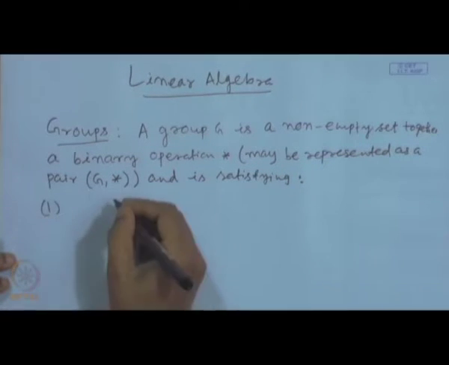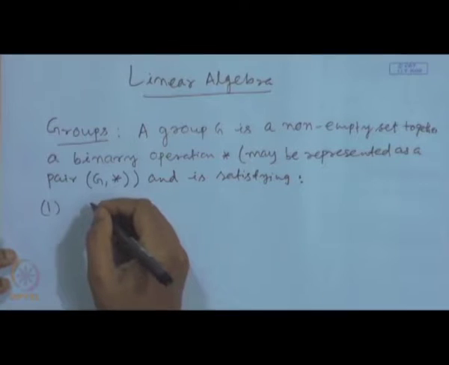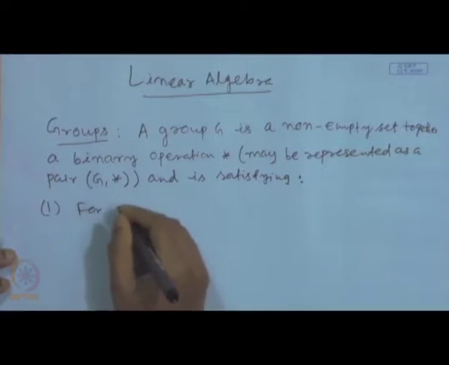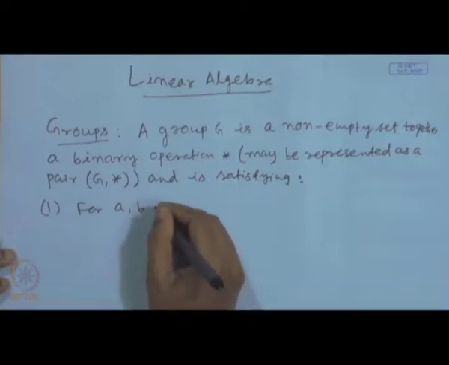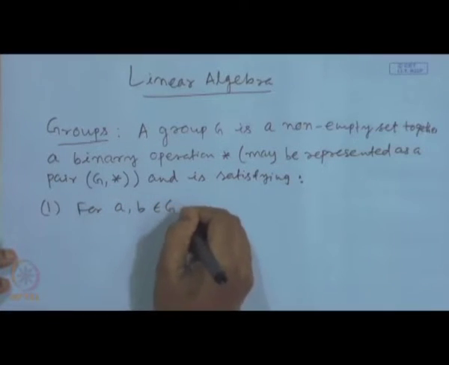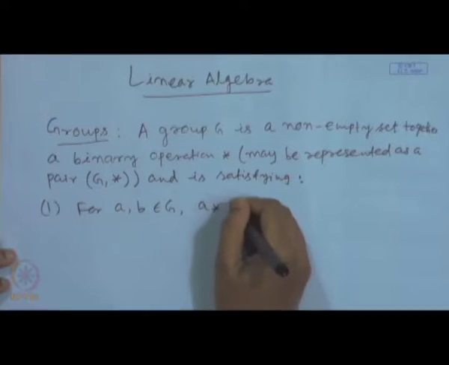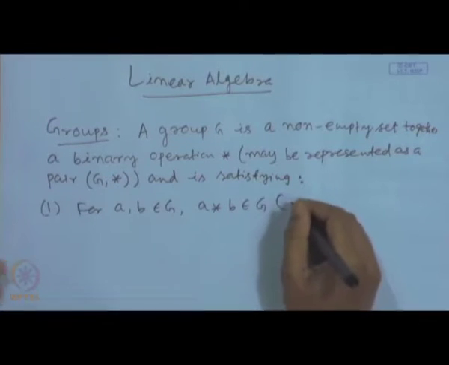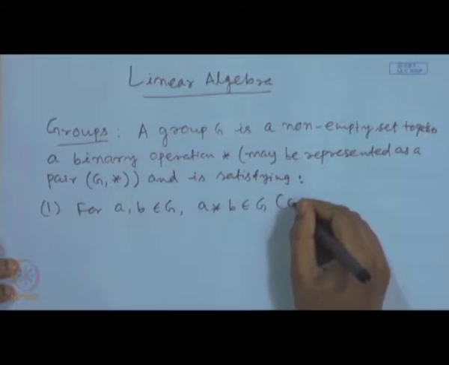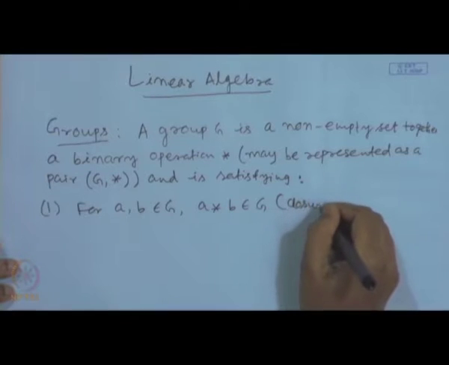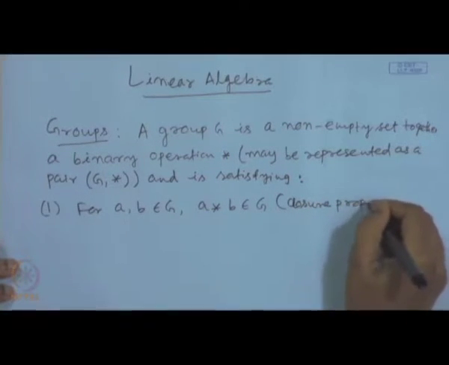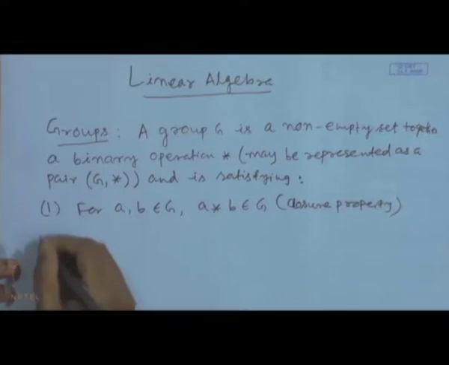First one is called closure property. For any two elements A and B in G, A star B belongs to G. This is called closure property.